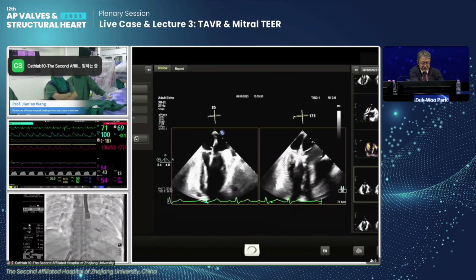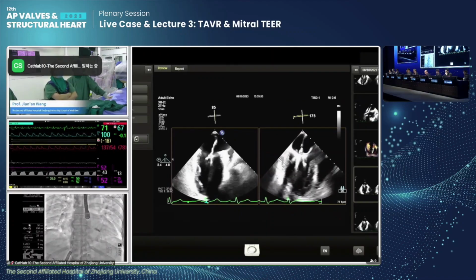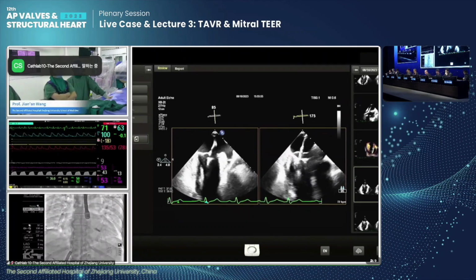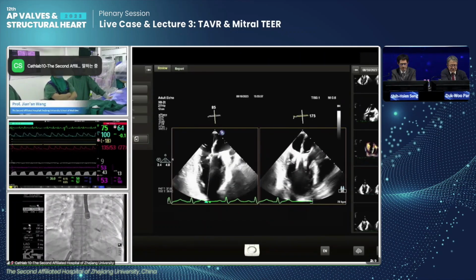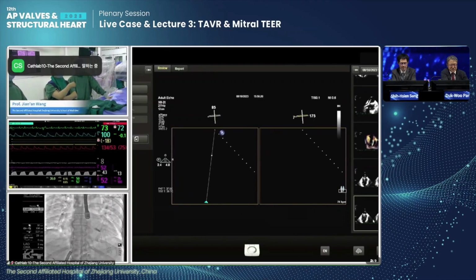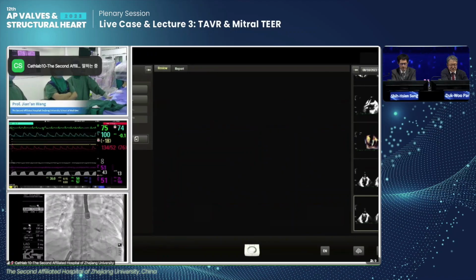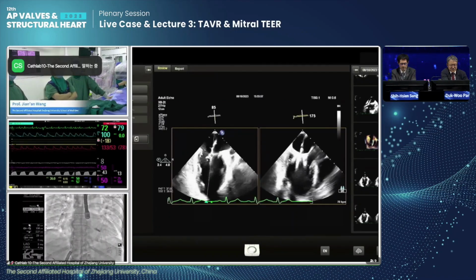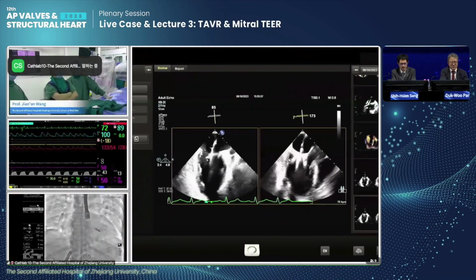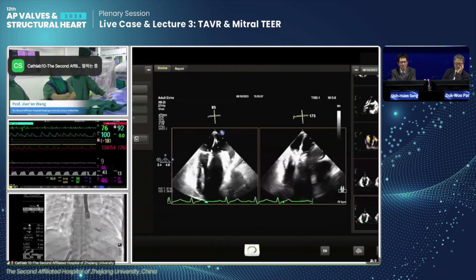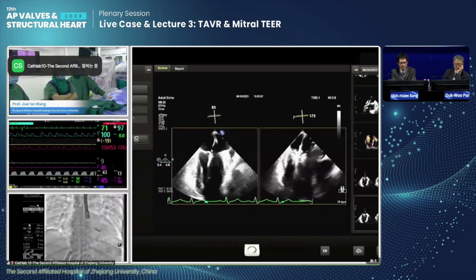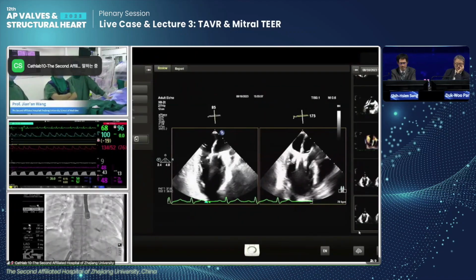Then we pull it up, and this is down the grip. I think we have the leaflet long enough. You can see the bouncing right here. You can see right here, the orientation we think is good, and the posterior leaflet is good enough, right?